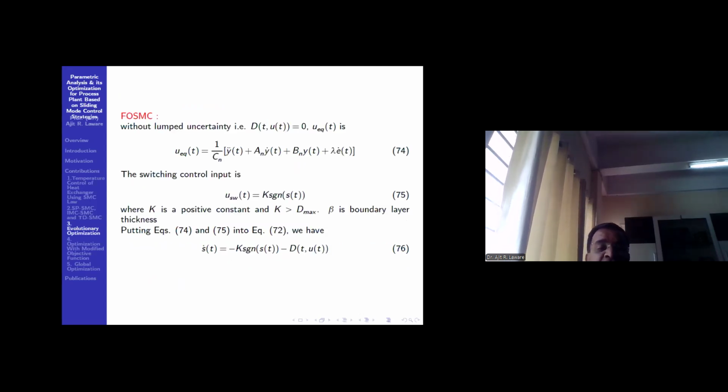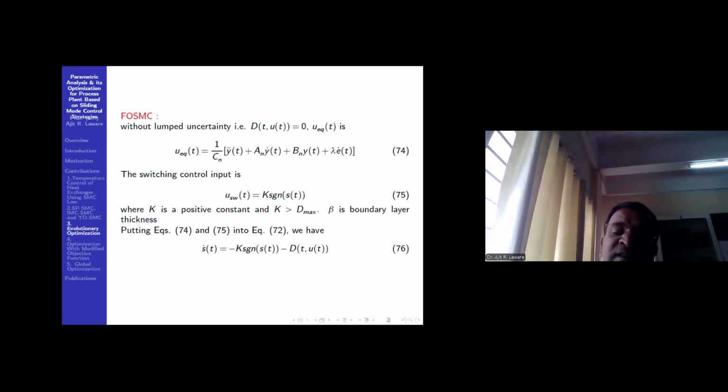Then this is without the lumped uncertainty or the disturbance term. U equivalent means the equivalent control input is represented by equation 74, while the switching control input is k SGN of S of t, where k is greater than d max and k is a positive constant.